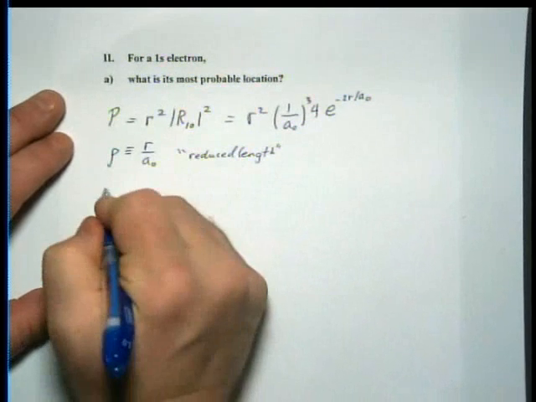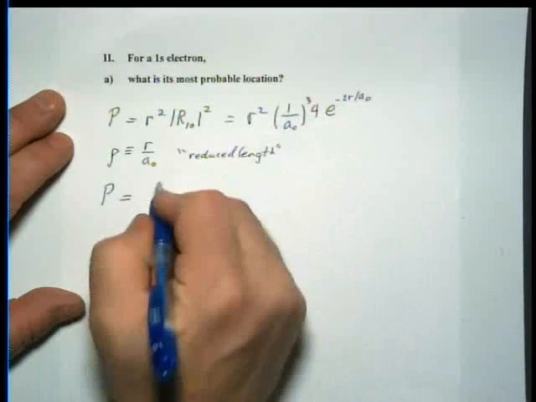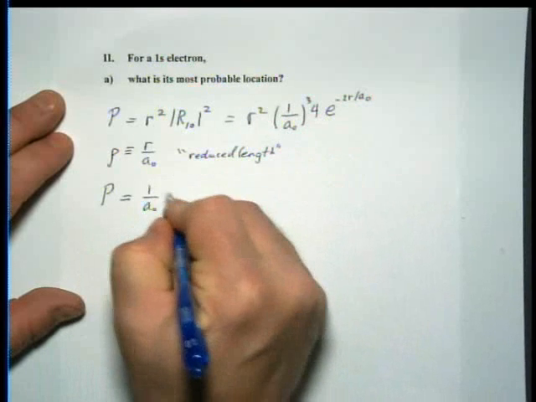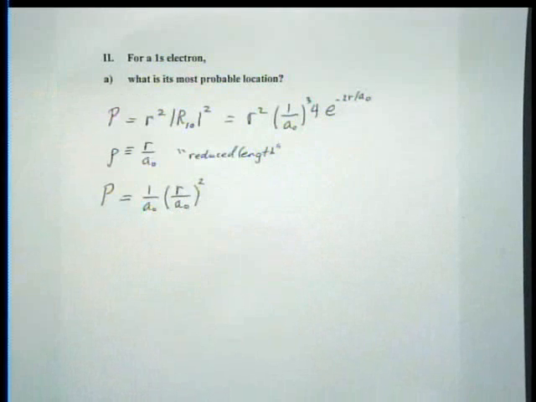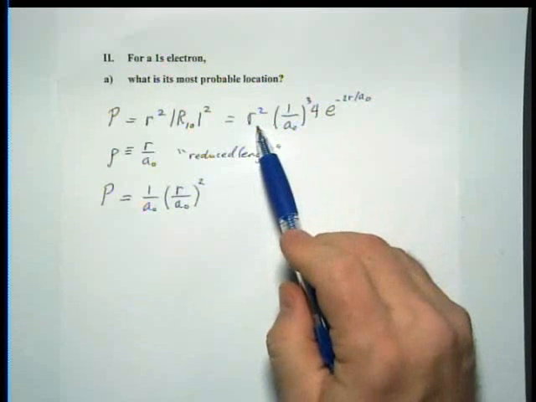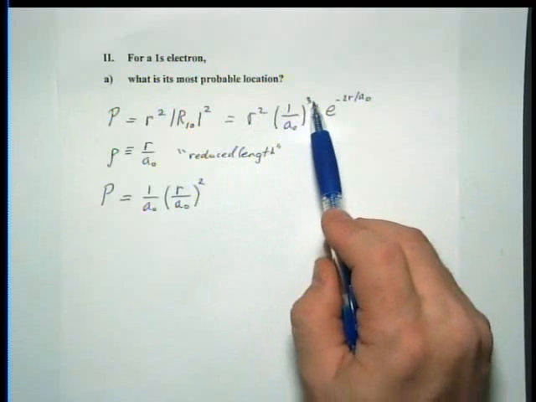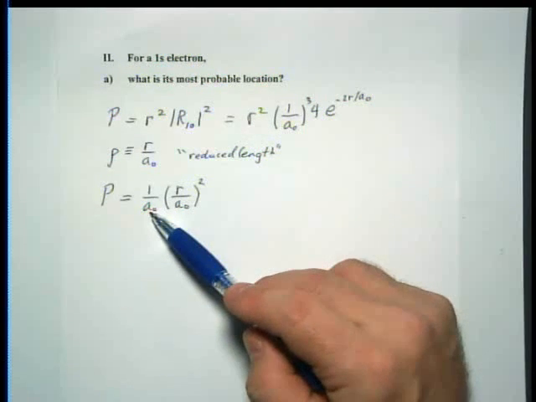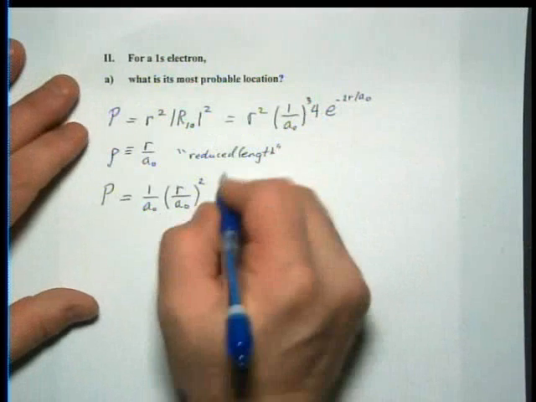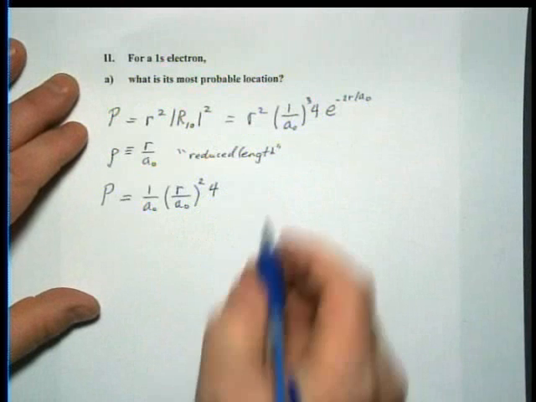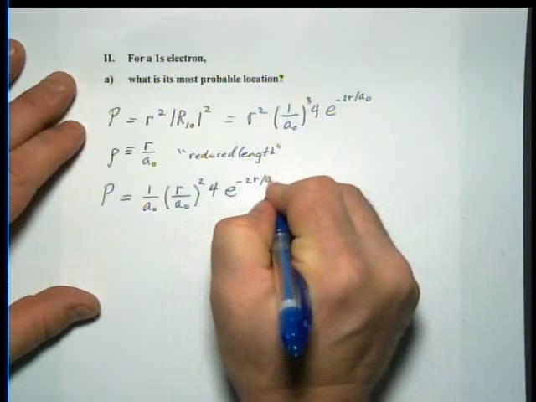So I'm going to rewrite my function here. I'm going to take that r squared, I'm going to put it in here. I'm going to take out an a naught. There's r over a naught squared. So I still got an r squared, and I have an a naught squared, there's that. And I need one more because I had a cube, so I need one more a naught, there it is. I have a 4. I have an e to the minus 2r over a naught.